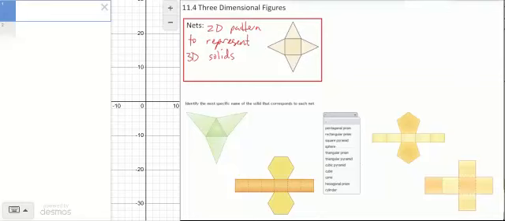So if you look at these nets below, see if you can match the net to what that would look like as a solid. What would the base shape be, and would it be a pyramid or prism? And you can also see nets for the cylinders and cones that we saw on the previous slide.